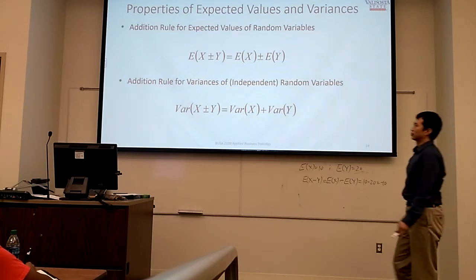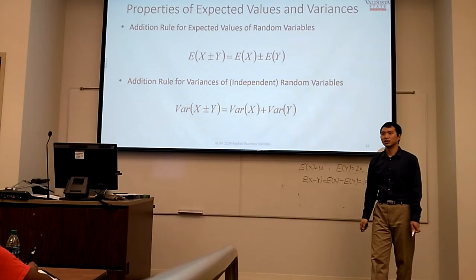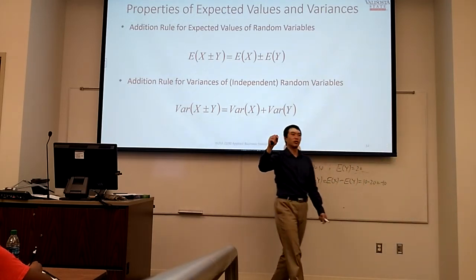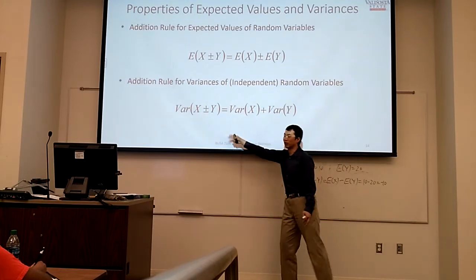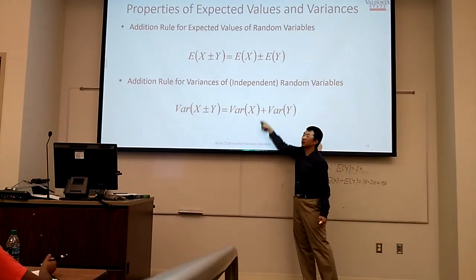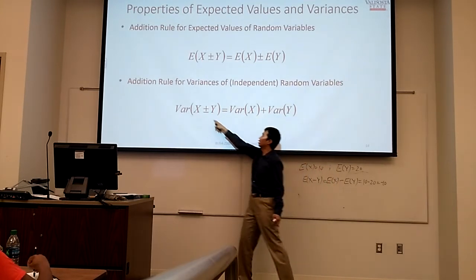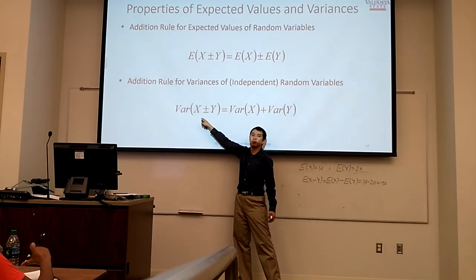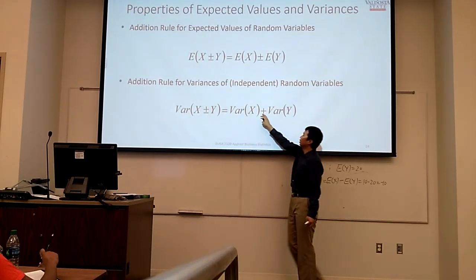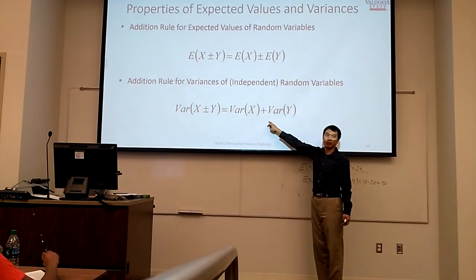The variance. What's the variance of the sum or the difference of two random variables? It's always plus. No matter whether it's plus or minus in here, here it is always plus.